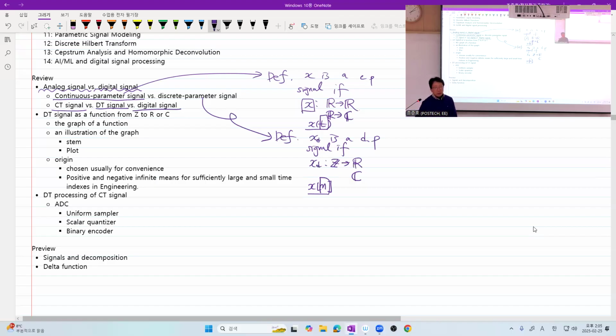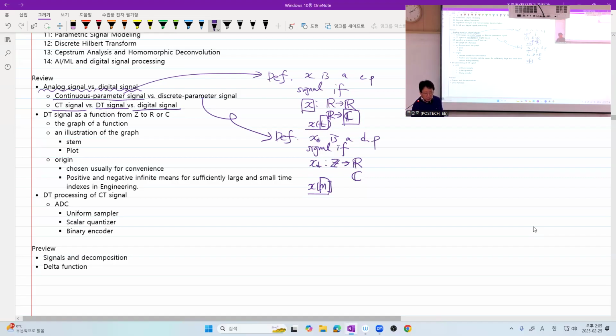But I would imply that a digital signal is not only quantized in the time domain, so it's a discrete parameter signal, but also it is quantized in the range. So the complex set is converted to a discrete set or a countably infinite set, or sometimes a finite set if we assign a finite number of bits to each sample.